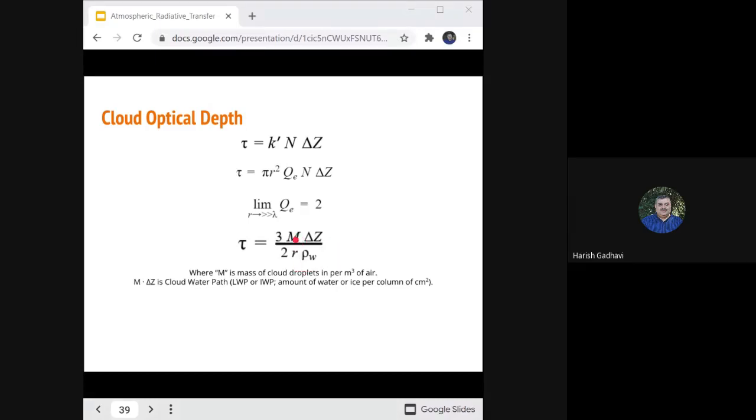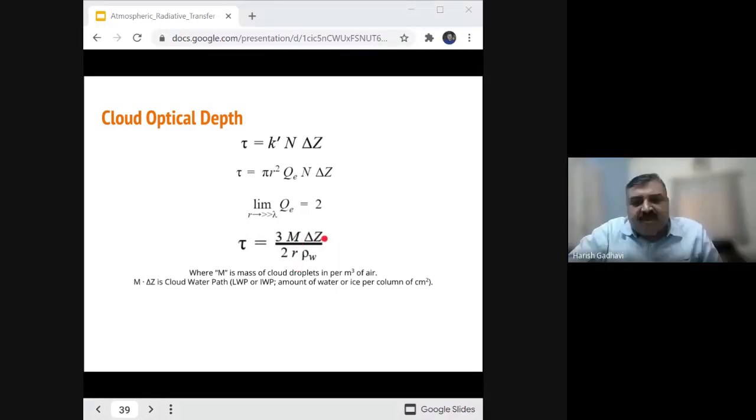If you multiply mass and delta z, you get the amount of water, or mass of water, in a unit column, a cylinder with a unit area of base. This is something you can estimate using various instruments. It's called liquid water path. Its units are often kilogram per meter cube of air and so on. So M into delta Z is the liquid water path.